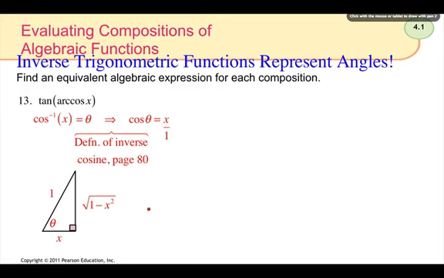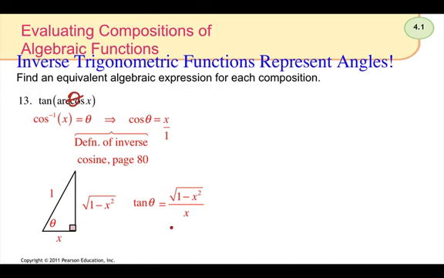And then from here, I already said that this right here is equal to theta. So all I need to do is compute tangent of theta. Looking at this right triangle, tangent of theta is equal to radical 1 minus x squared over x. And this is the answer to number 13.